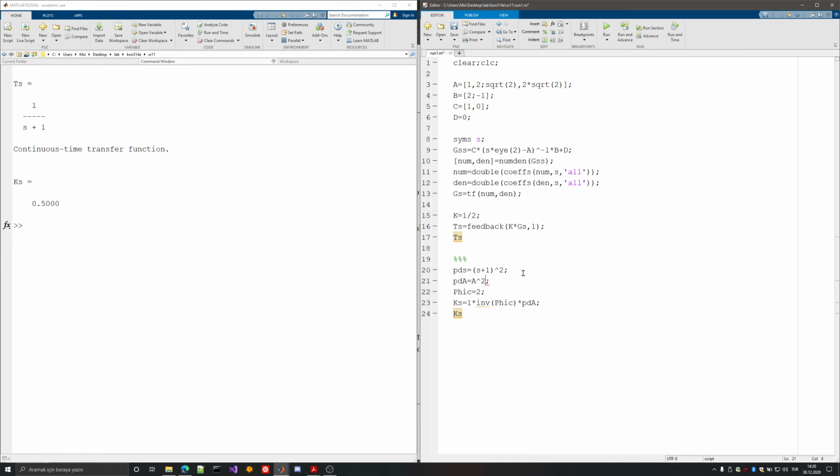A squared plus 2 times A plus identity 2, and then we will have B and A times B here, and then a 0, 1 vector, and then the inverse of this and PDA.